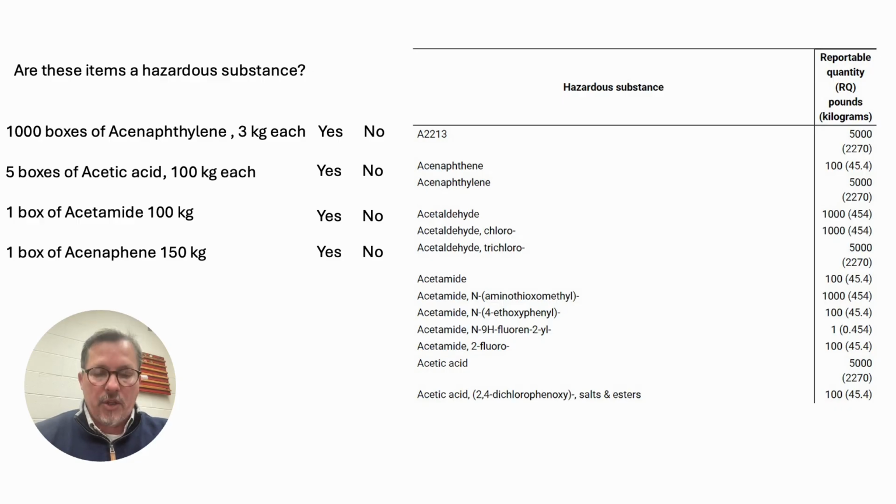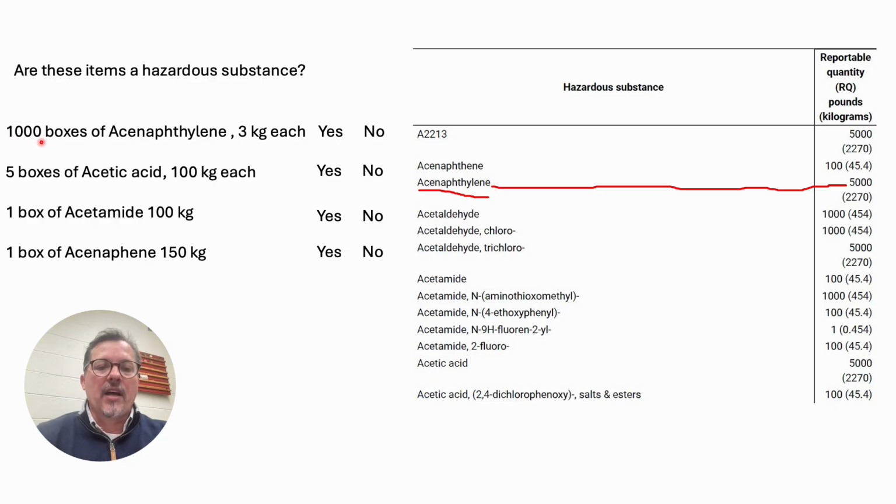One thing you want to make sure that you do is use a straight edge, because this table is super easy to get sideways on. So right here, our RQ value is 5,000 pounds, which is 2,270 kilograms. Now we've got 1,000 boxes at 3 kilograms per box.